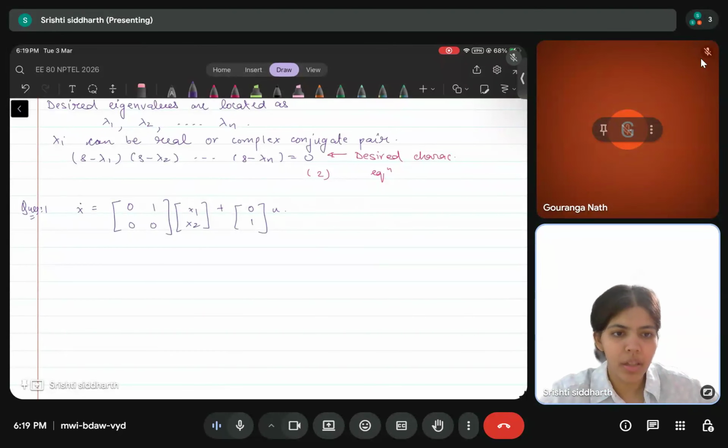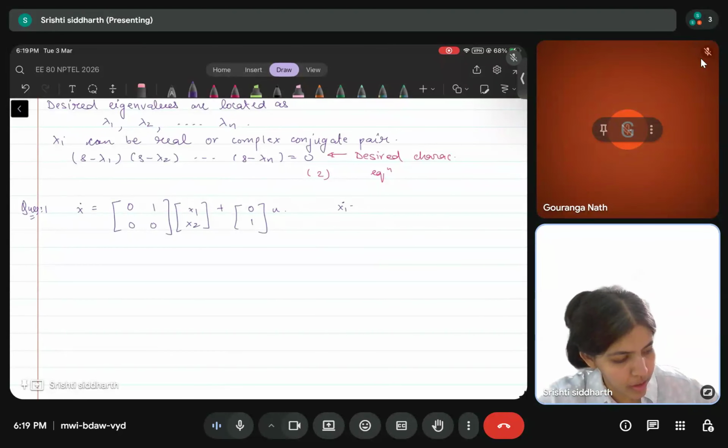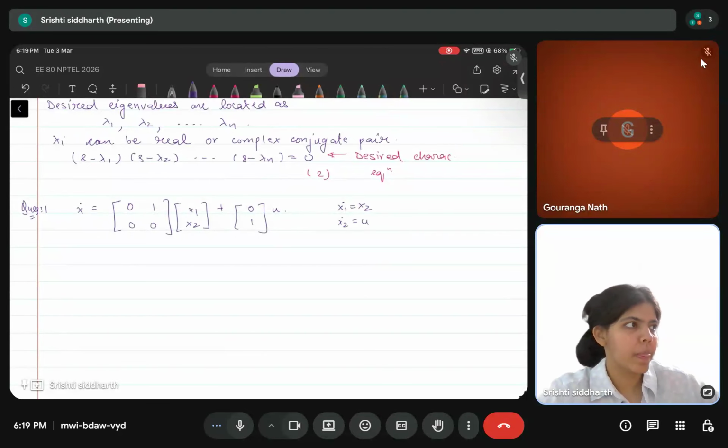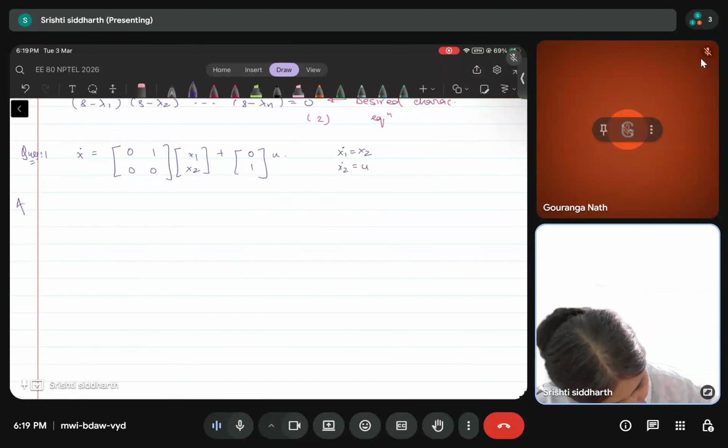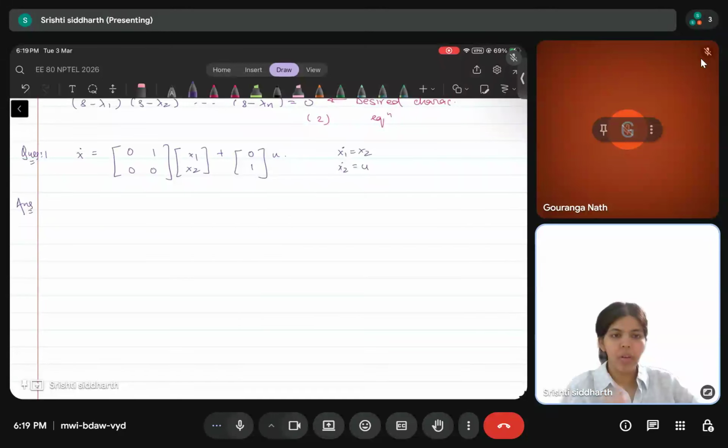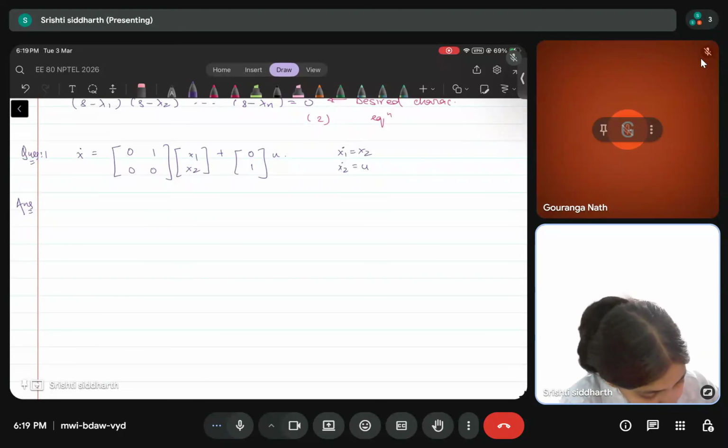The system is a second order integrator where x1 dot is x2 and x2 dot is simply u. Now let's compute the eigenvalues of the system without any input. This is going to be the determinant of A minus lambda I equals 0. So this is minus lambda times minus lambda minus 0.